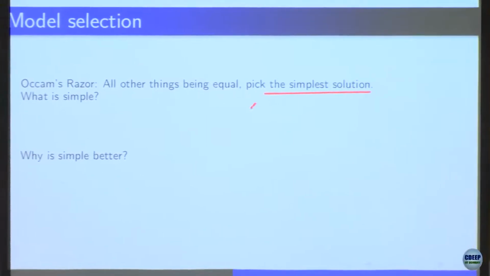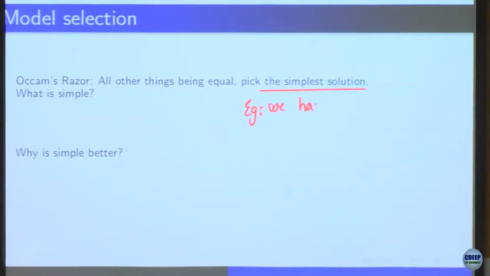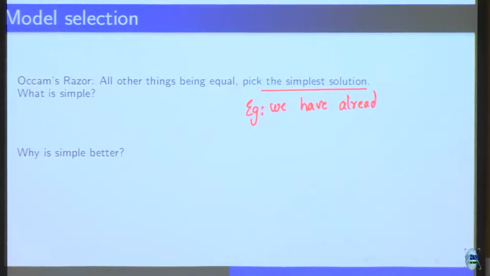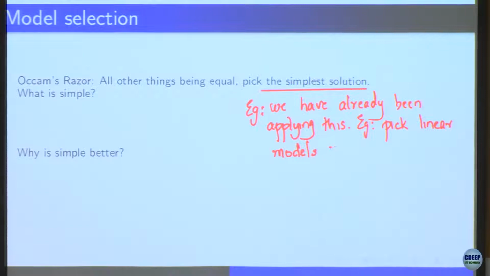I just want to again highlight, you pick a linear model unless the data cries for non-linear models.